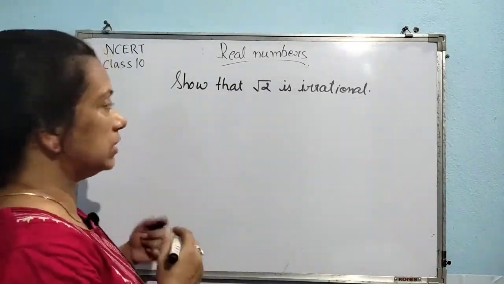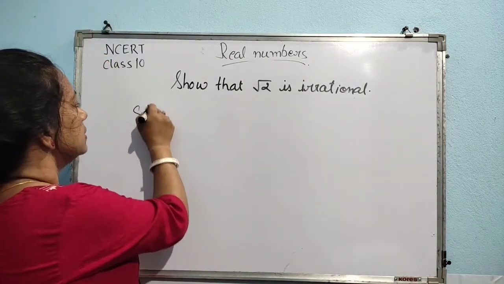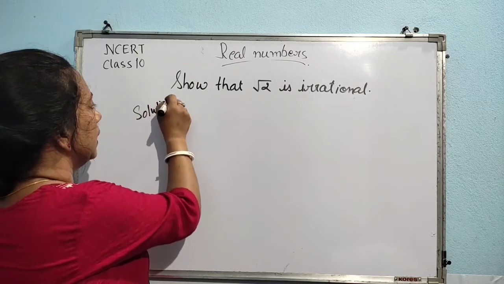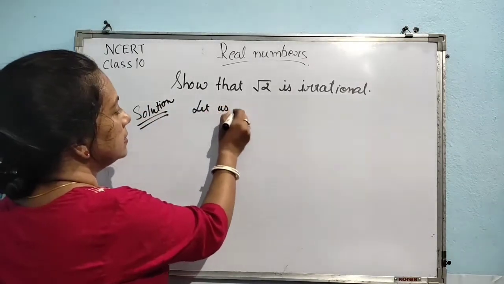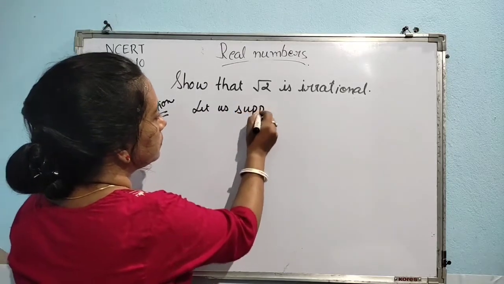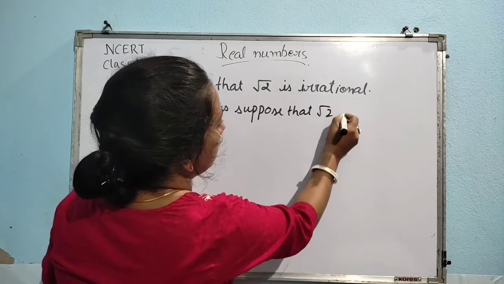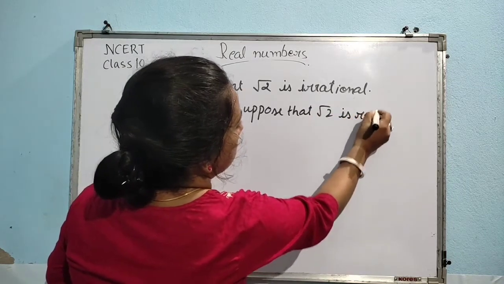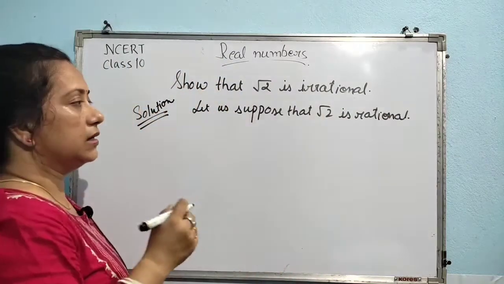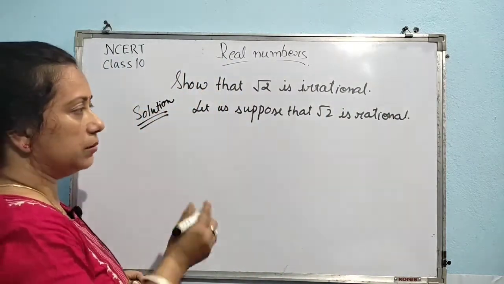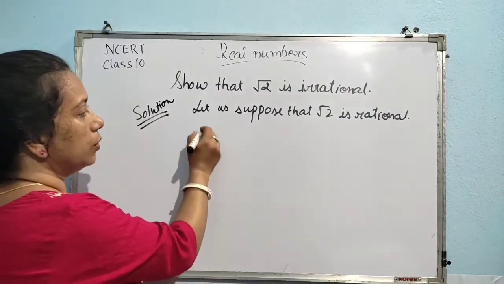Now how to proceed in this type of sums? First we start by considering that root 2 is rational. So let us suppose that root 2 is rational. Now all of you know that if a number is rational, then it can definitely be expressed in the p by q form.